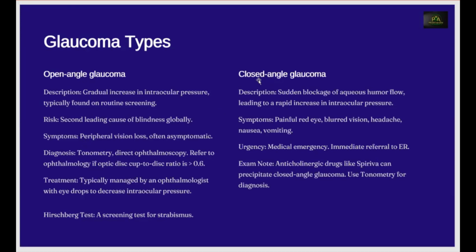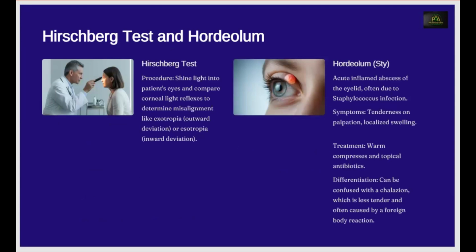But with closed angle, the word close, C, you are going to close the door and send the person to the ER. So here they are going to have a mid-dilated pupil, cupping of the optic nerve. They are also going to have raised intraocular pressure, and we say that it is acute, sudden.